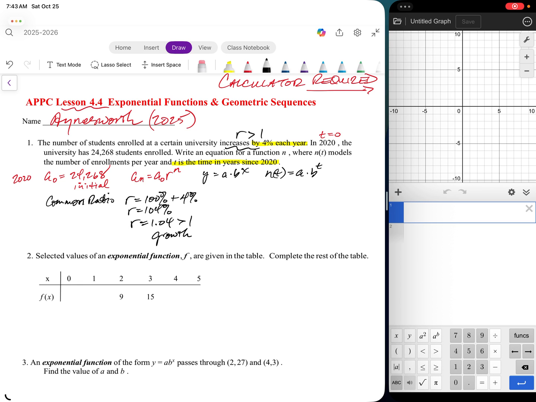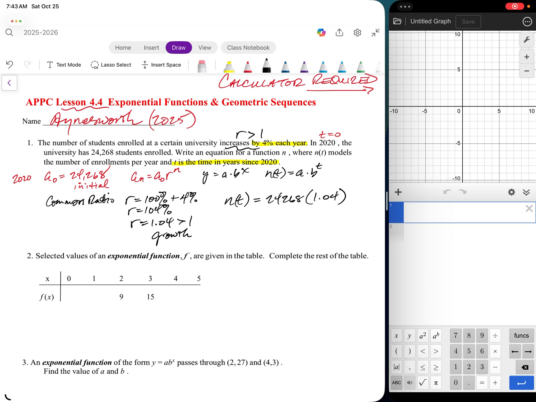So let's write the function. In sequence notation it'd be a sub n, or in a function, n of t. So n of t as a function of time is your initial value, 24,268, times your growth rate, or common ratio, 1.04, to the t power.